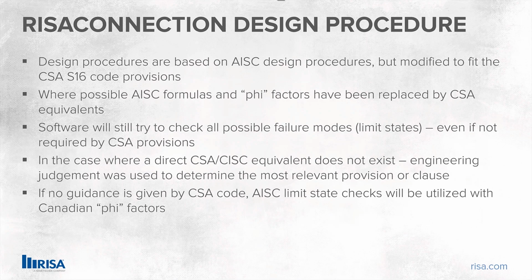And if absolutely no guidance is given by the CSA code for something we're going to check, we're going to use an AISC limit state check, but we will utilize those Canadian phi factors. So we're not going to completely keep it AISC, but try to fit it into the mold of the CSA codes so that we can get you the best design result possible.